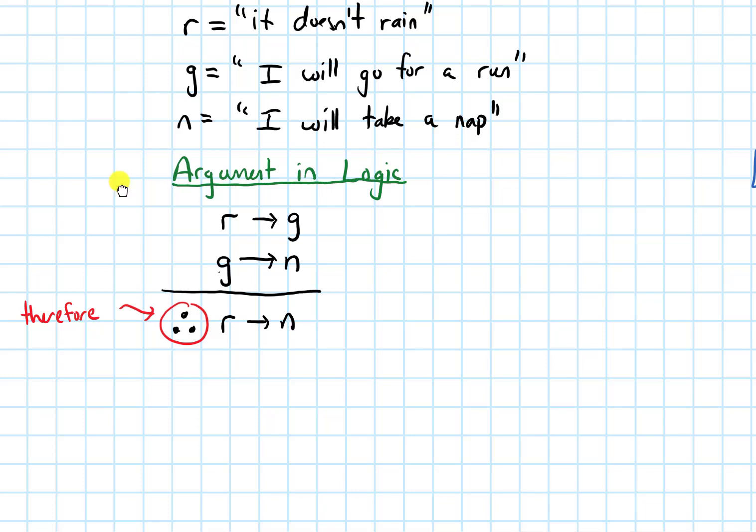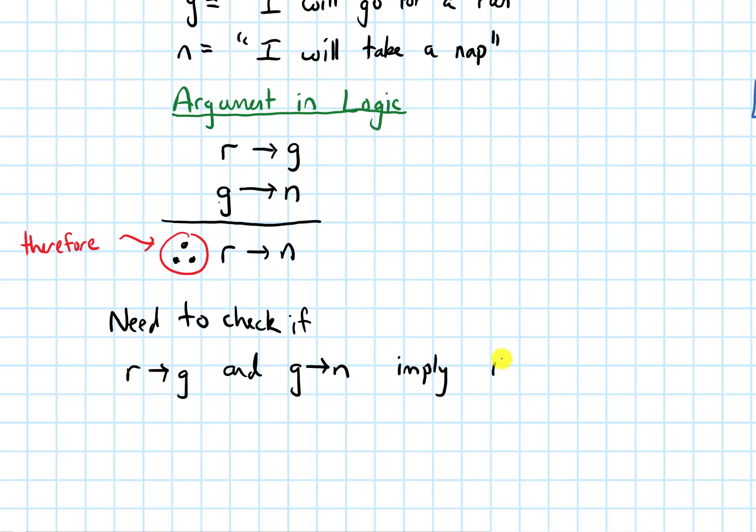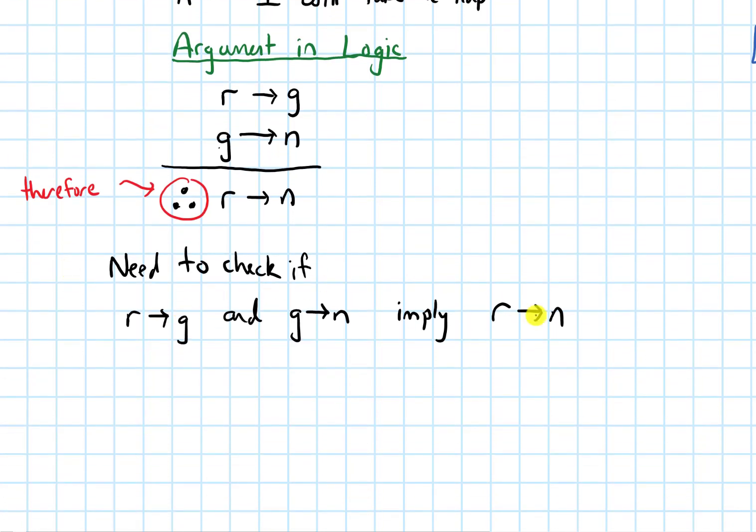So to verify this, I need to check if R implies G and G implies N, if those two given propositions collectively imply that R implies N. So let's translate this into more of a logical thing that I can check.